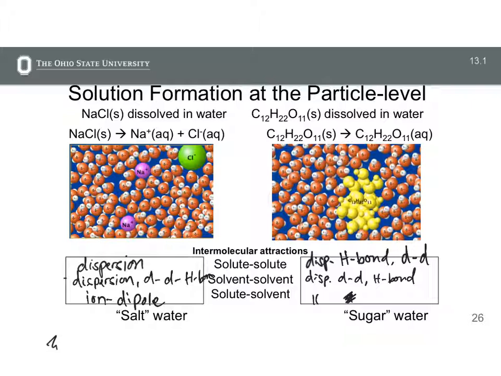But we will have hydrogen bonding. We have the possibility of having hydrogen bonding. So again, dispersion is not occurring between solute and solvent necessarily, so we can ignore that one. Okay, I took it back. Sorry, no, I took back the wrong one. Hydrogen bonding and dipole-dipole are present.